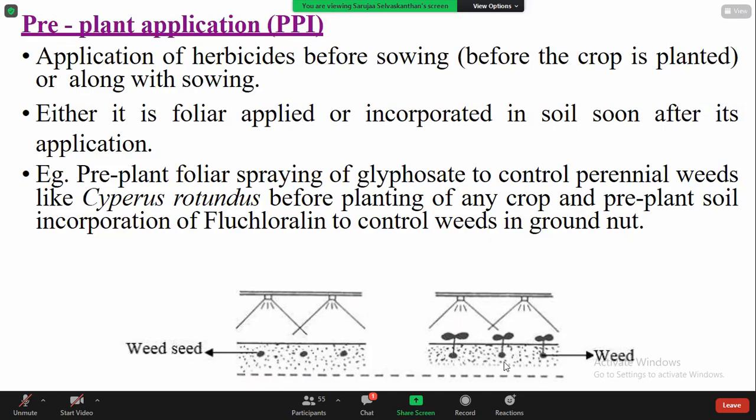After that, they get water and sunlight, and receive everything, so they automatically germinate, no? Then before the sowing or before the plantation, we apply the herbicide and destroy these types of weeds or maintain the seed dormancy of these weeds.